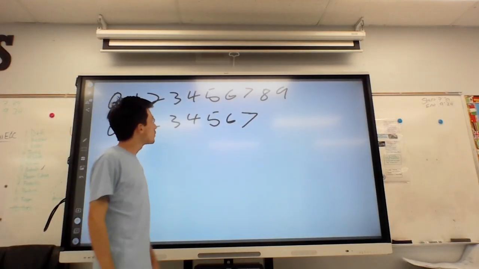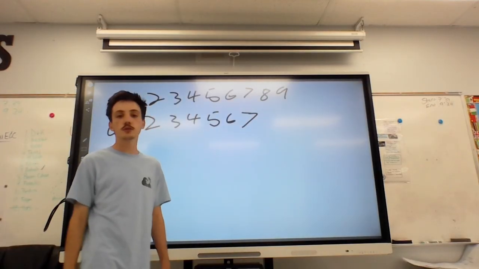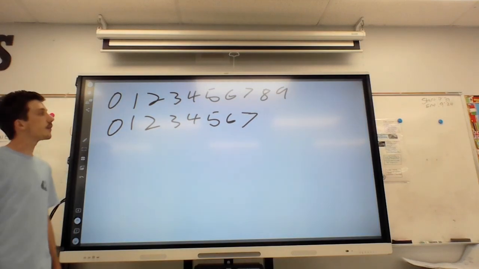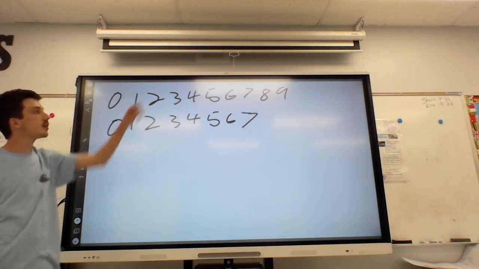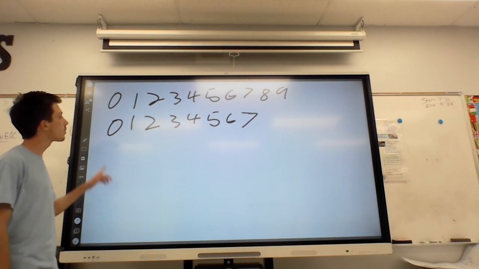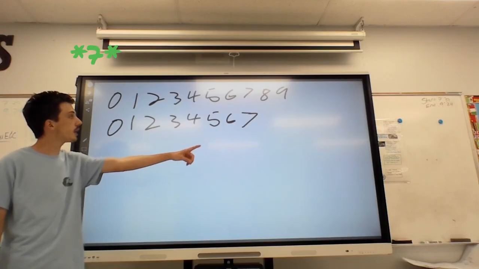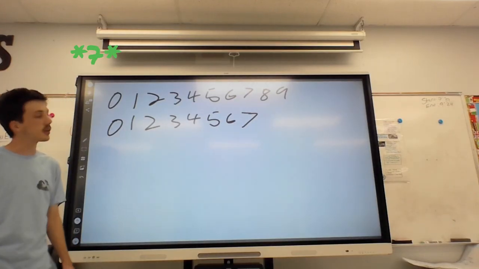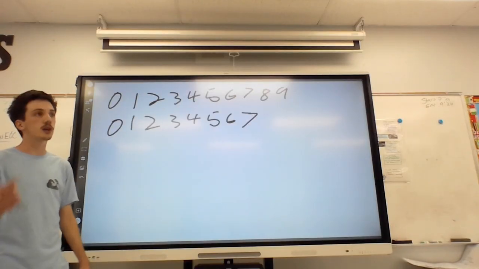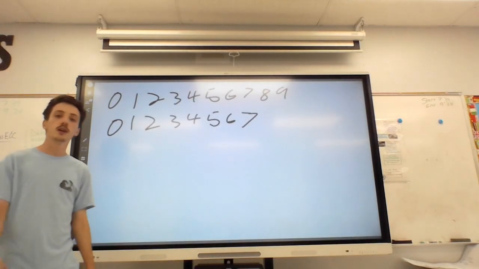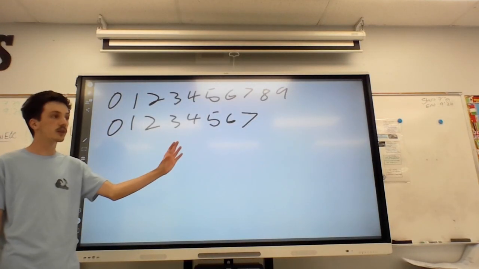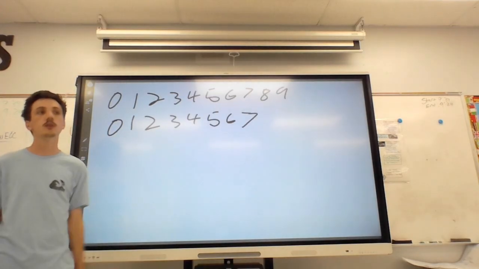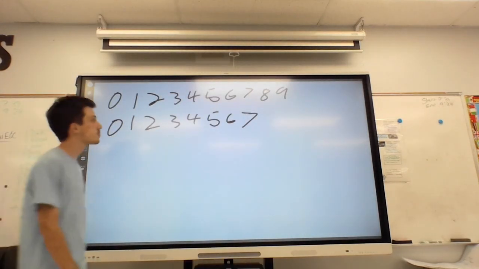Okay, so we know that in our regular number system, base 10, we're going to have 10 numbers, 0 through 9. However, in base 8, we're going to have only 0 through 7. And we know how in base 10, as soon as we add 1 to 9, we put 1 over, and that becomes the 1 in the tens place, and the 0 in the ones place.